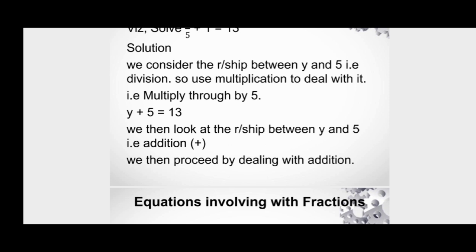So what we want to say here is that the 4 operational signs: addition, subtraction, multiplication, and division. You see, addition deals with subtraction, subtraction deals with addition, and as well, multiplication deals with division and vice versa. That is, division is used to deal with multiplication.